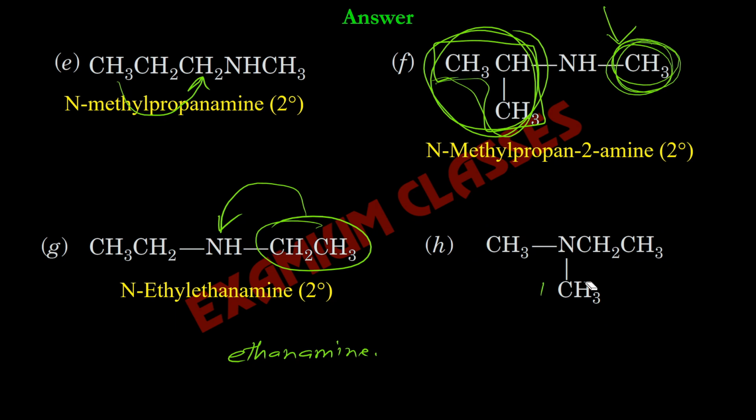So it will be N,N-dimethyl ethanamine. All structures, all possible structures we have talked about, and also the IUPAC names. In the next video, we will be doing some good questions on IUPAC naming of amines.